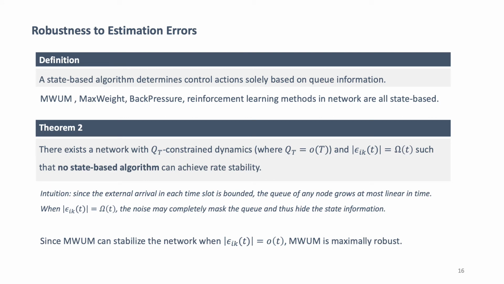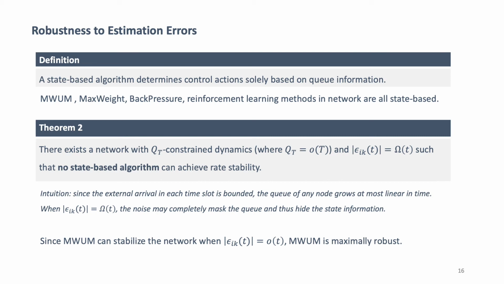We then analyze the robustness of our algorithm to estimation errors. We first define that a state-based algorithm is one of those algorithms that determine control actions solely based on Q information. Our algorithm, max weight, back pressure, and traditional reinforcement learning methods in networks are all state-based.